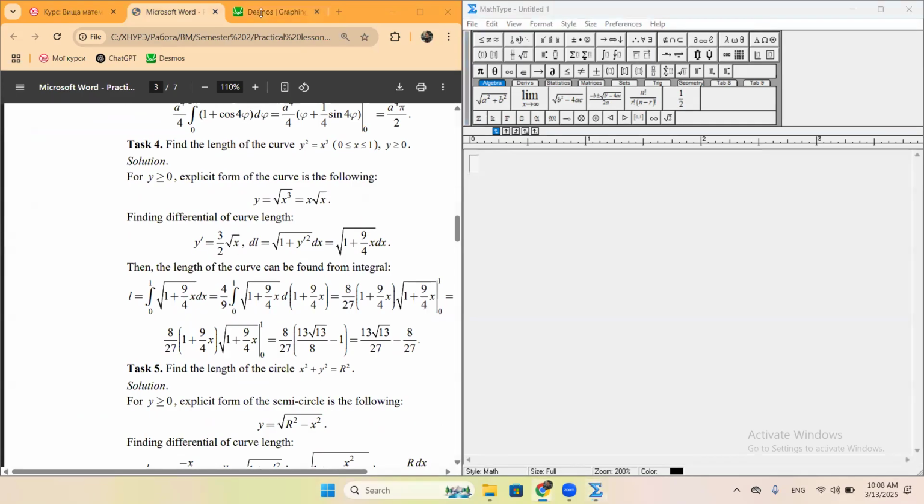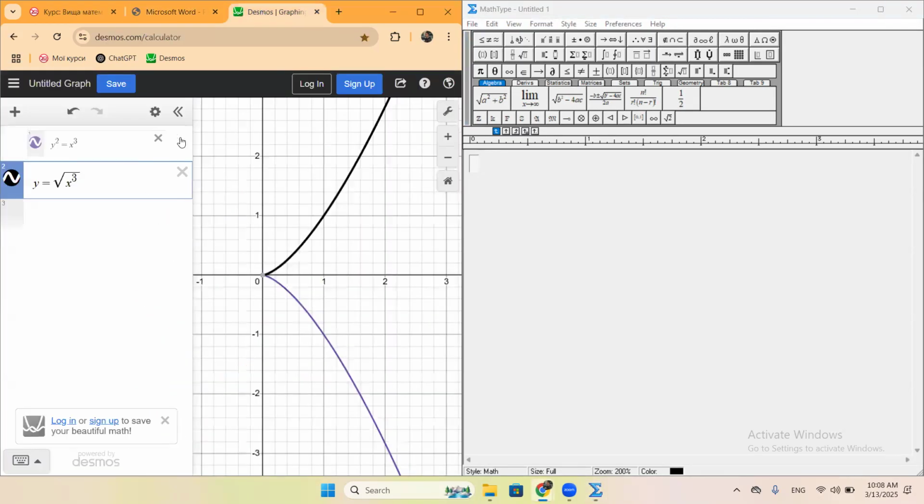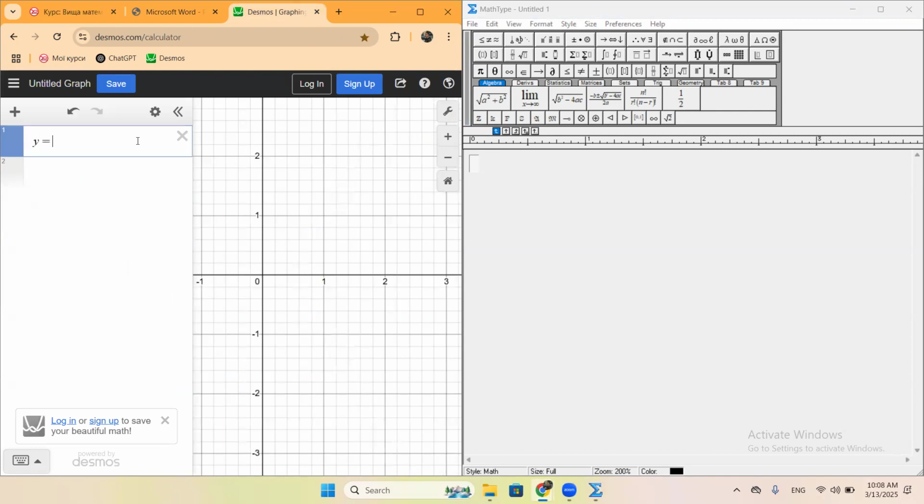So now y equals the square root of r squared minus x squared.